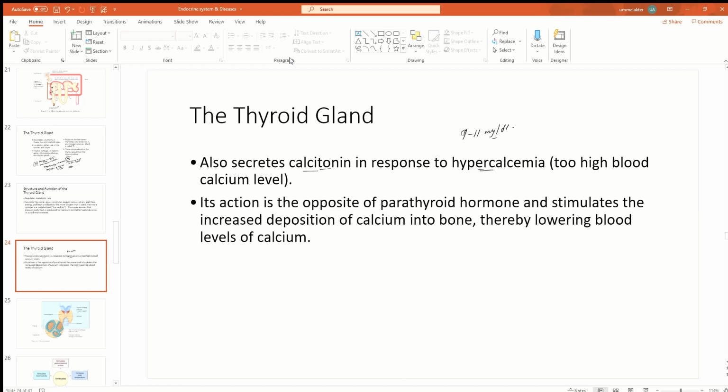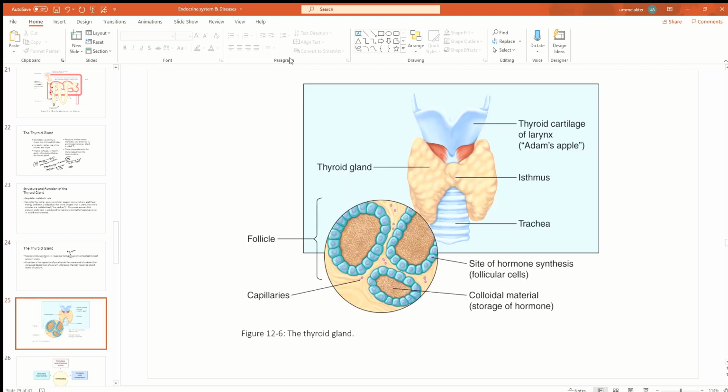I mentioned it before. So if the concentration of calcium in the blood is more than 11, that is hypercalcemia. Okay, in that case the thyroid gland will release calcitonin to lower the blood calcium, and calcitonin works on the bones and kidneys to lower the calcium.